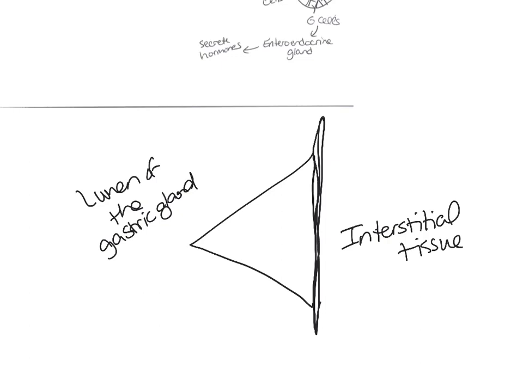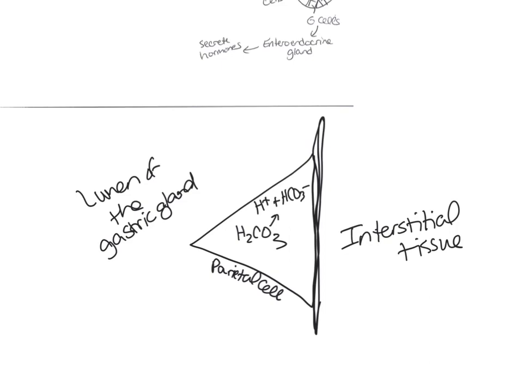Okay, so inside the parietal cell, which is right here, we have that carbonic acid. Remember that? Carbonic acid breaks down immediately in the parietal cell into hydrogen and bicarbonate. You got to remember that equation.